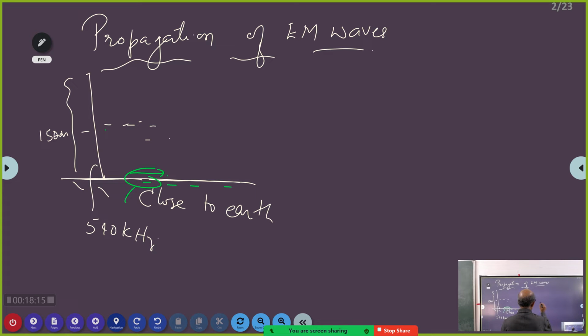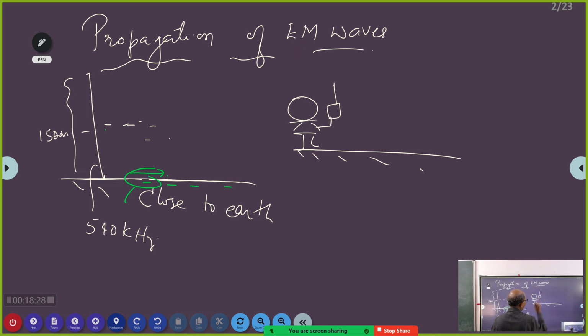Okay, so now see, I am drawing the Earth surface like this. Now see, you have got a handset. This handset can be a mobile or some walkie-talkie or something like that. If you are operating at frequencies greater than 30 megahertz, or even for that matter, for skywave the frequencies are 3 to 30 megahertz, correct?